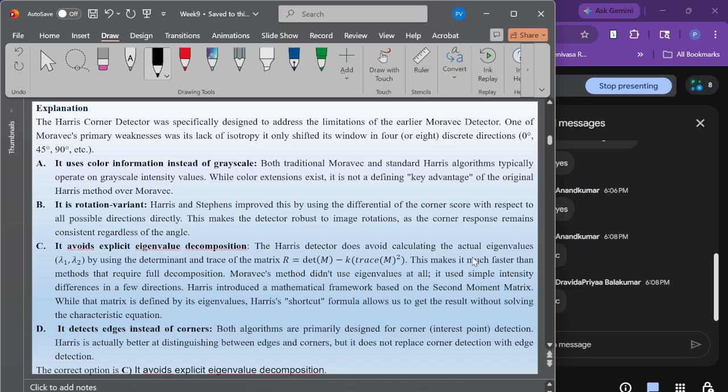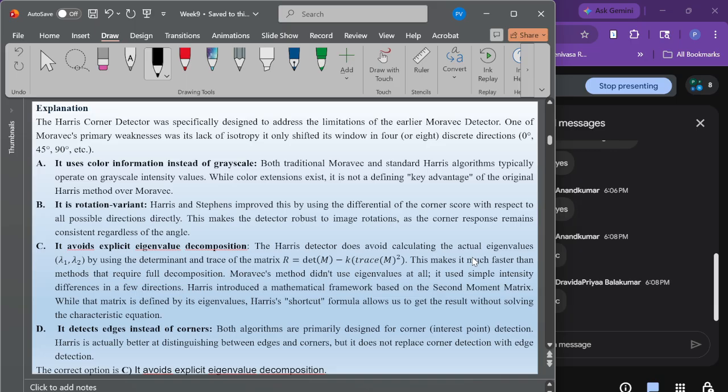One of the primary weaknesses of the Moravec was its lack of isotropy. It only shifted the window in 4 or 8 discrete directions, that is 0, 45, 90 degrees and some other angles.